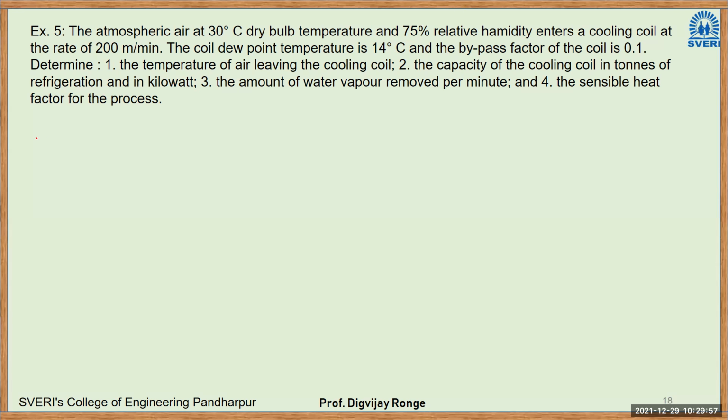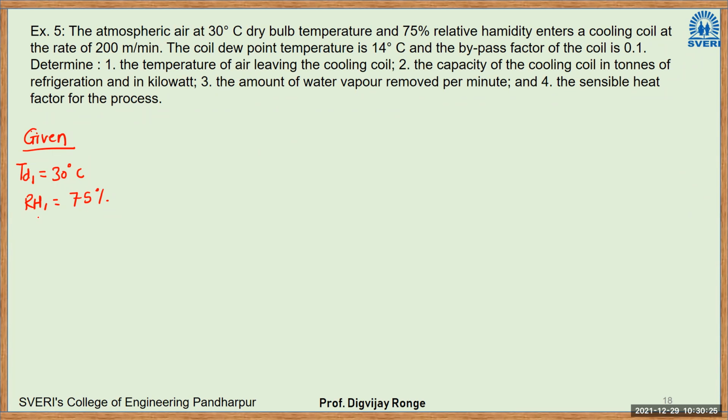Let us first write down the given data. Here the TD1, that is the entering air dry bulb temperature, is 30 degrees Celsius. The RH1 is 75%. So we have to locate this point 1 where dry bulb temperature is 30 degrees Celsius and relative humidity is 75%.